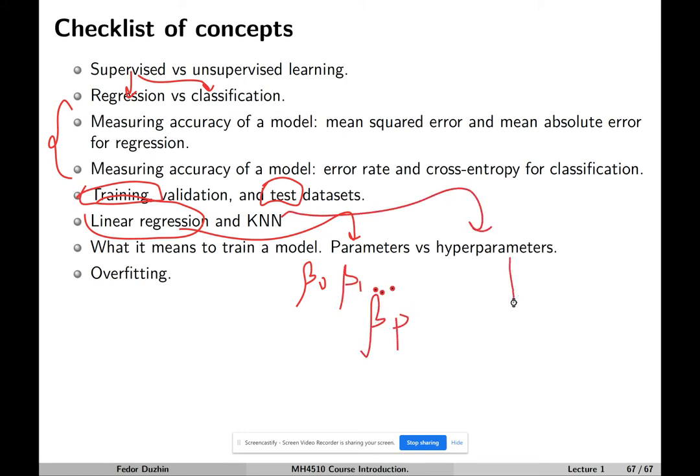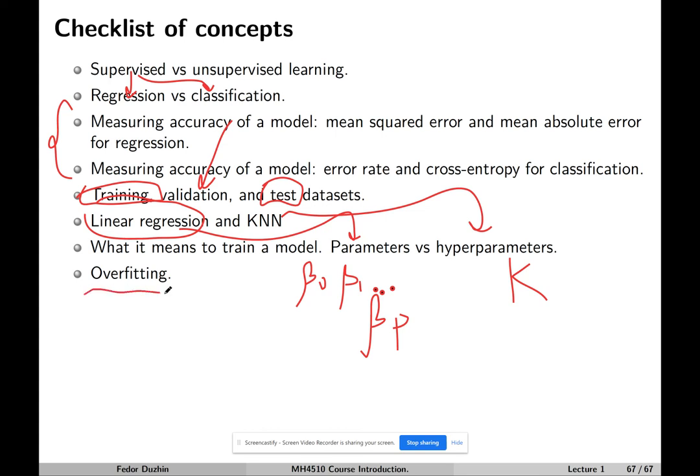KNN has this hyperparameter k, and the difference is that we can only find the optimal value of a hyperparameter by trial and error. We just choose several values of k, try all of them, and pick the one that has the smallest error. If we do that, then we need some kind of a validation set, because we pick the value of k that yields the smallest error on the validation set.